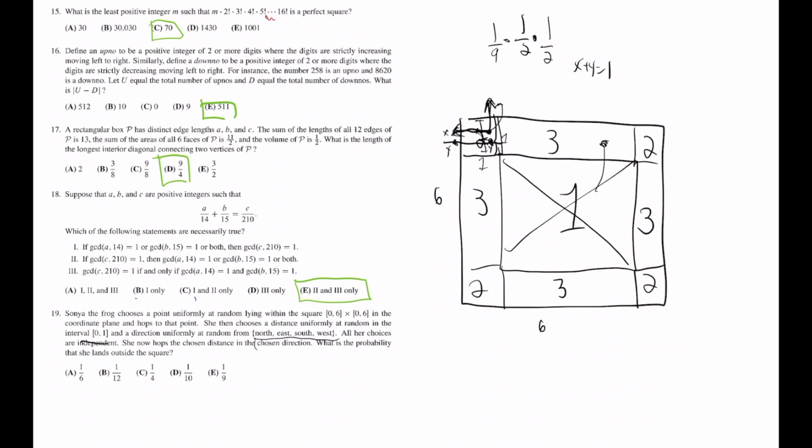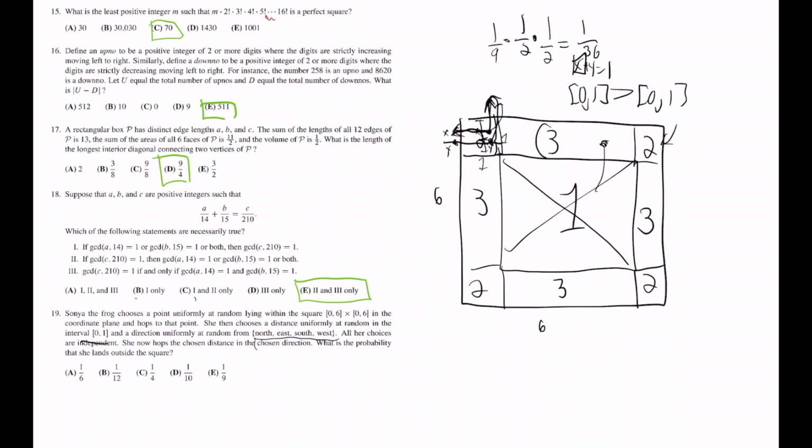So what's the probability that the number, so x and y, let's just take the number x. Let's just assume that she's hopping that way. That's the direction she chose, without loss of generality. So it's between 0 and 1, and that's the thing she hopped. And x is also between 0 and 1. So just the probability one of these is greater than the other, which is just 1/2. So the probability of going through the 2 is going to be 1/36.